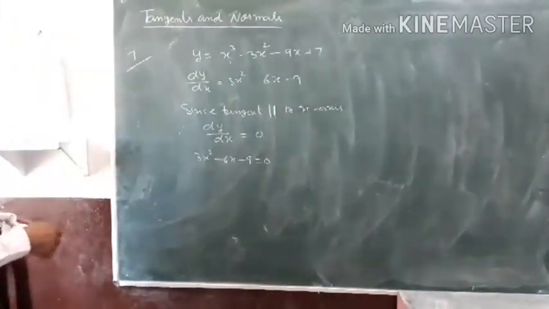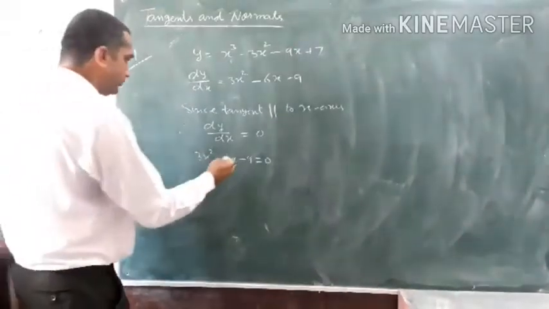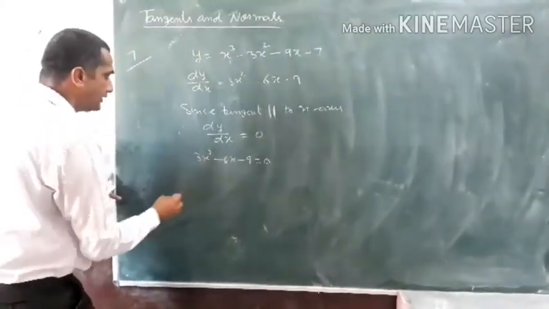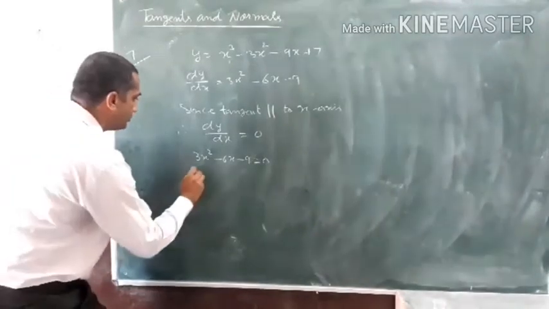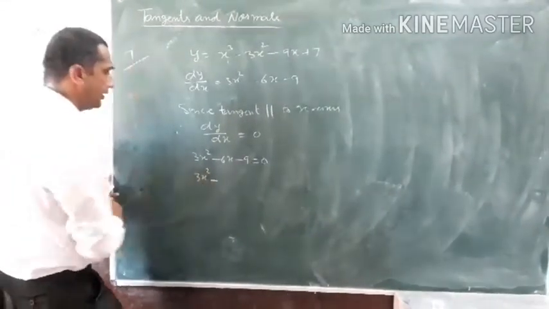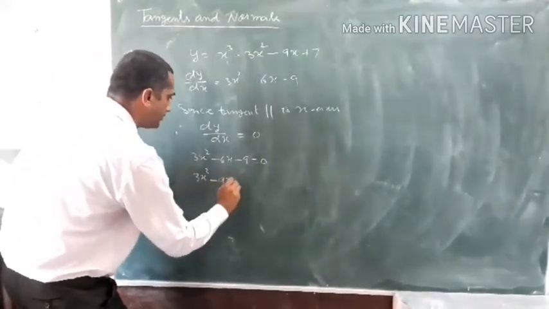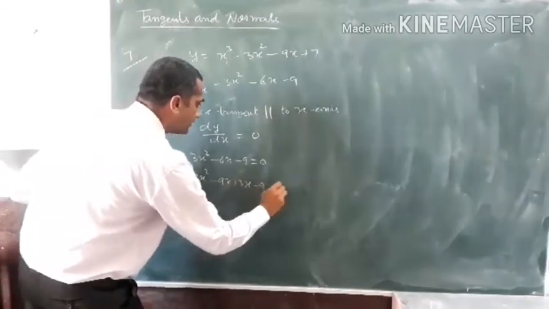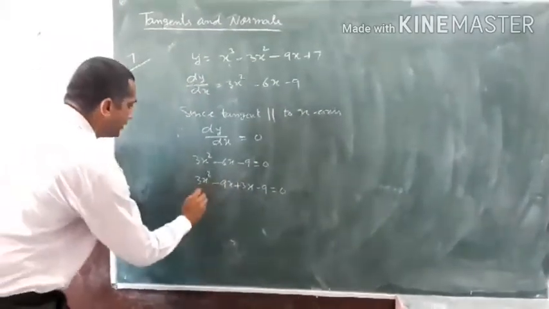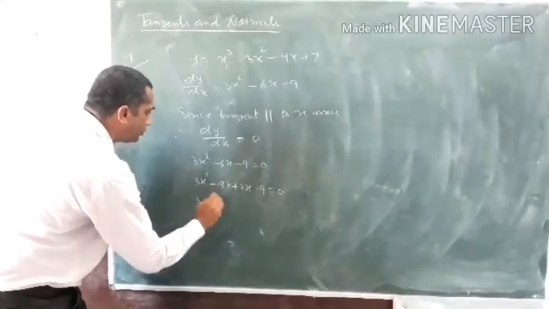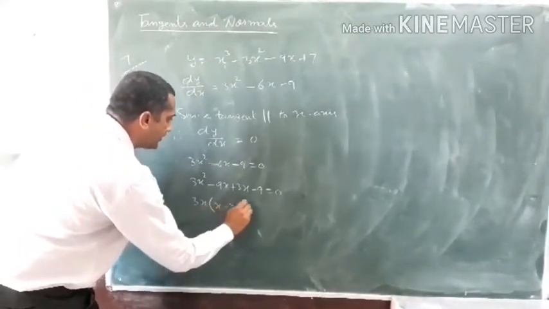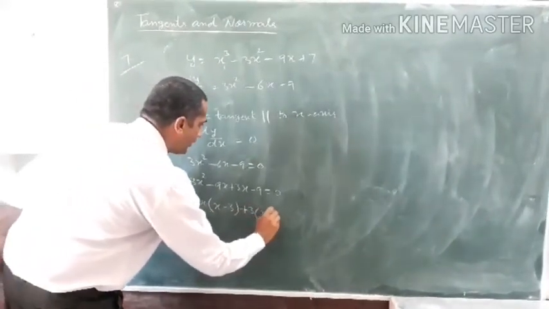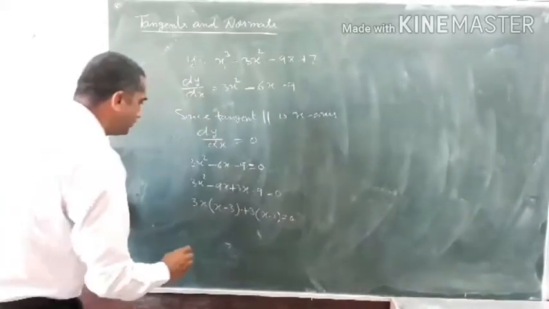By splitting the middle term, make the factors. 9 3s are 27. So 3x square minus 9x plus 3x minus 9 is equal to 0. Take 3 common, x also common: x minus 3 plus 3 into x minus 3 is equal to 0.